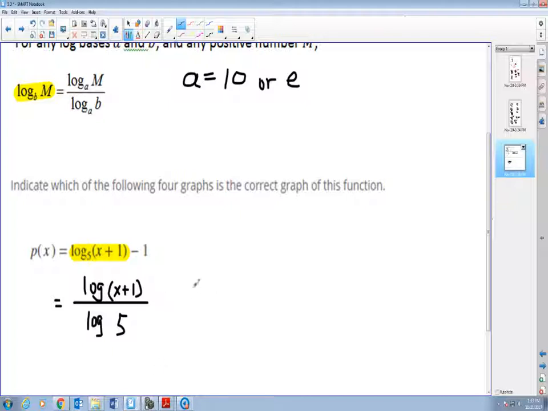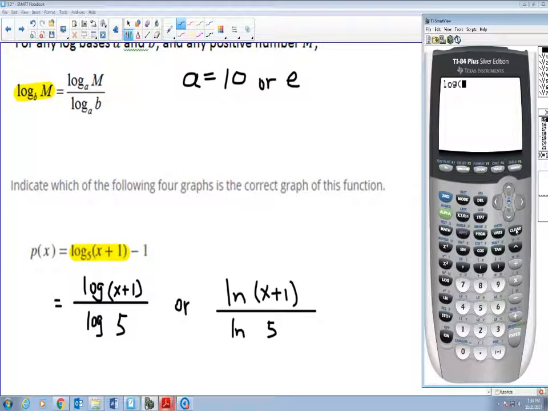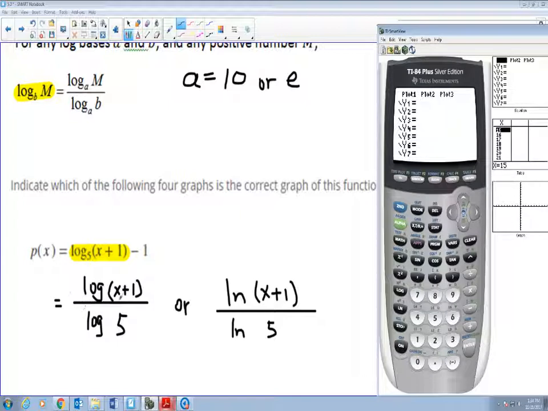Now, if I change base a to an e, that becomes natural log. So that'll be natural log of m over natural log of my b, which is 5. And this is crazy. Watch this. My numerator, by the way, this whole top is actually one term.